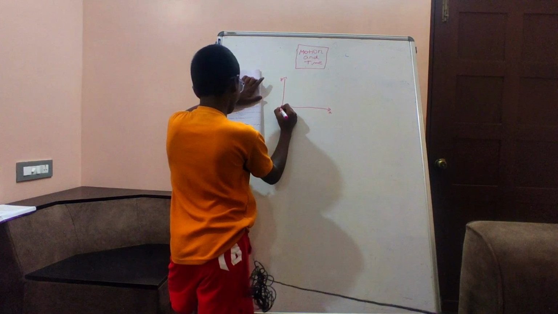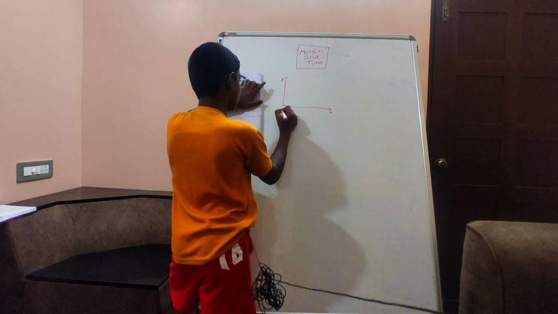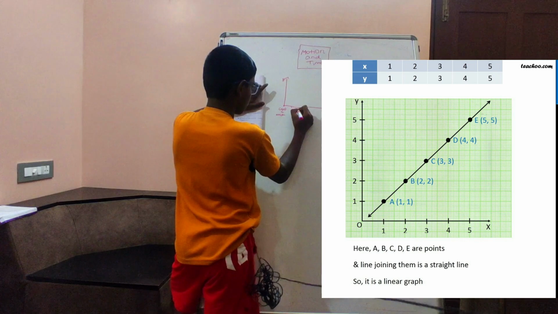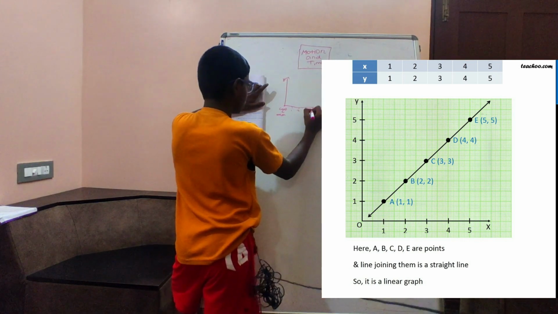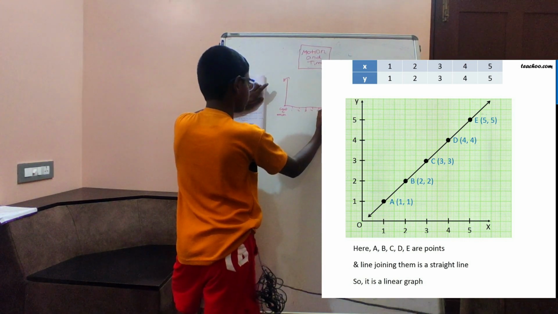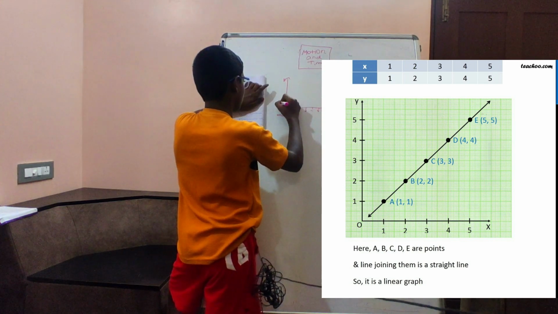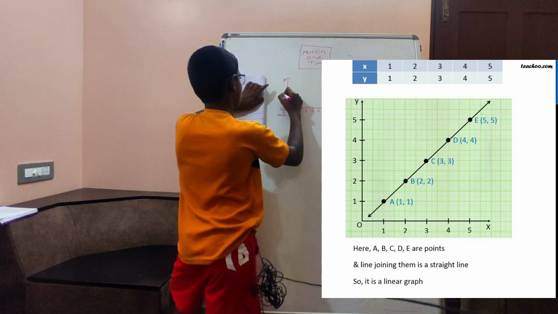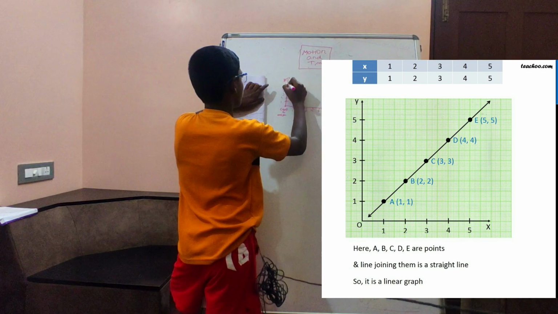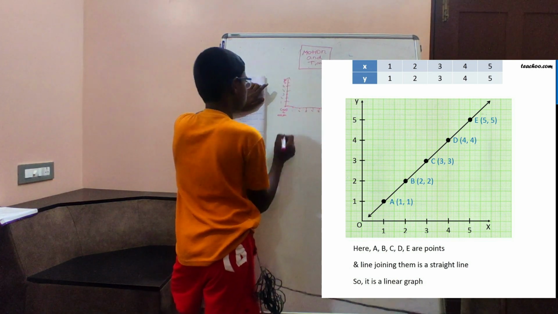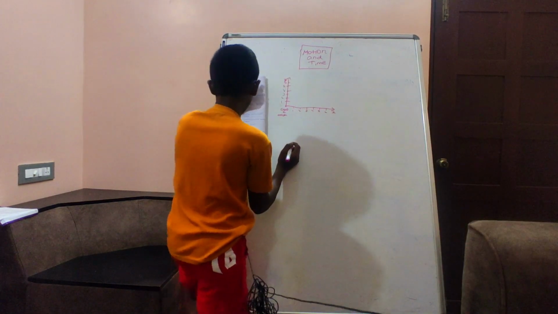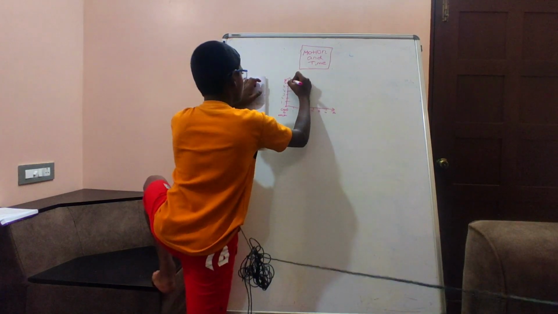This is just something rough. This is what we call as origin. 1, 2, 3, 4, 5, 6. 1, 2, 3, 4, 5, 6. And what we do in this case is probabilities.